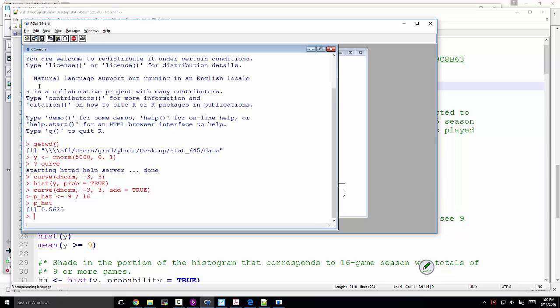But I know that's not equal to the truth because there's variability from sample to sample. So the inferential question is, okay, 0.5625, that's bigger than 0.5. Is it enough bigger than 0.5 for us to say, I don't think that this is really just different due to random chance? Is this significantly different from 0.5?